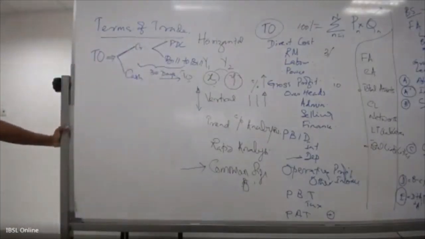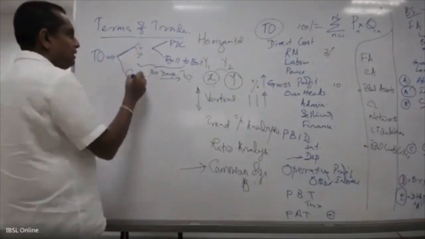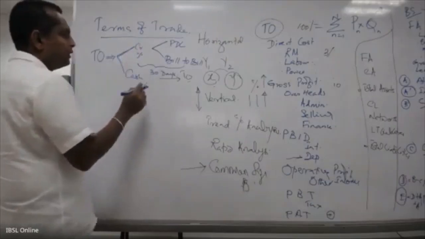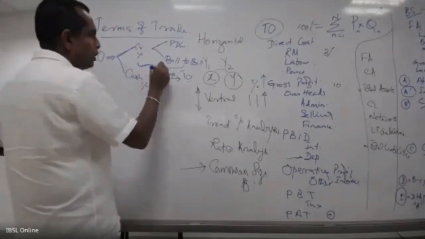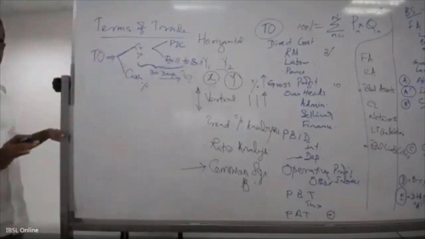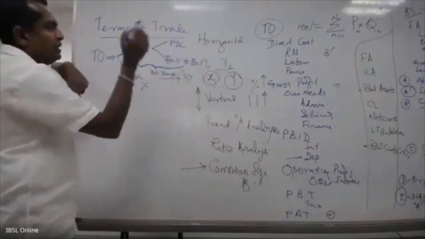When you are calculating any ratios, you should know this: at least what is the percentage of credit sales, what is the percentage of cash sales, and what is the credit period they are giving on average, even if you don't have the breakup of this.